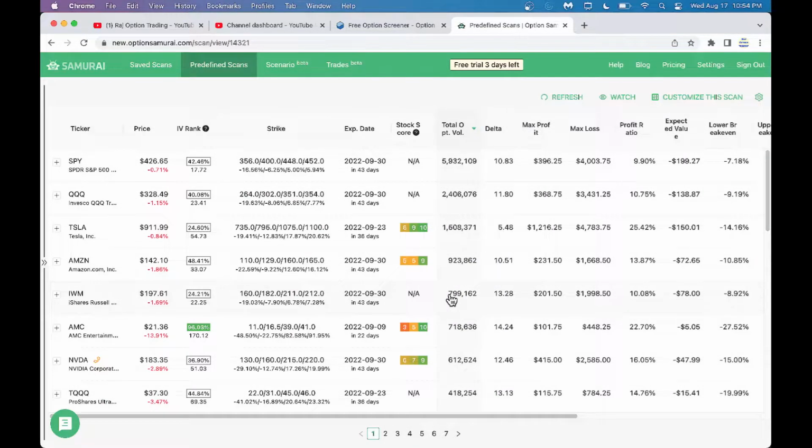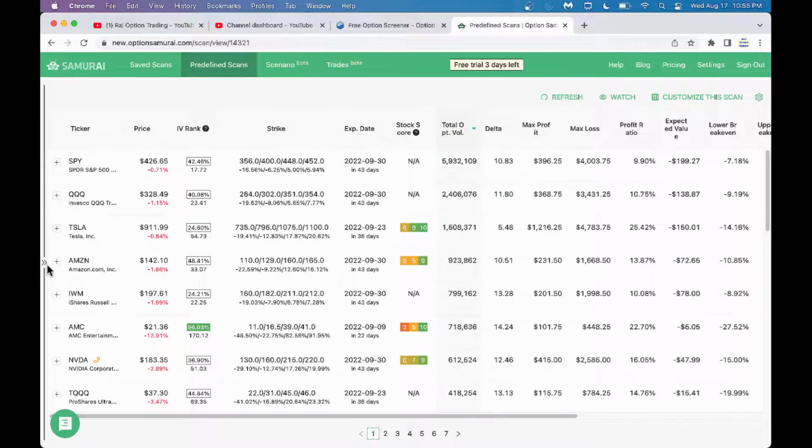Normally what I would do is I look at options with nice and high option volume. We got many of these with nice and high volume. This is where you make money. If you sell options or buy options on a stock with very low option volume, you will lose out and you will not make money.